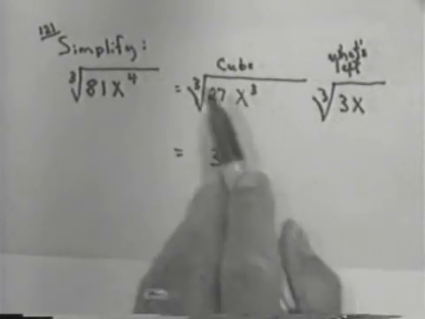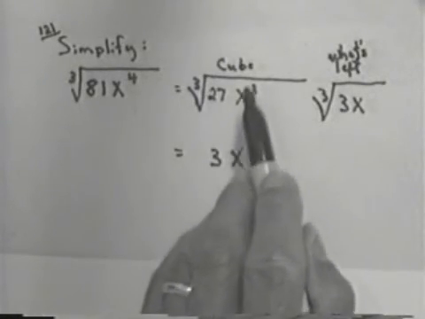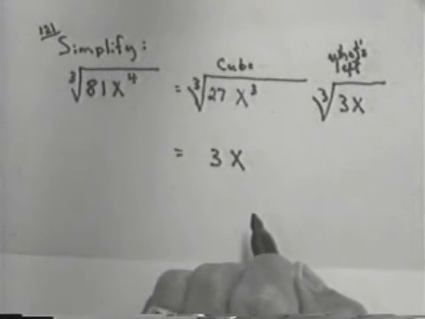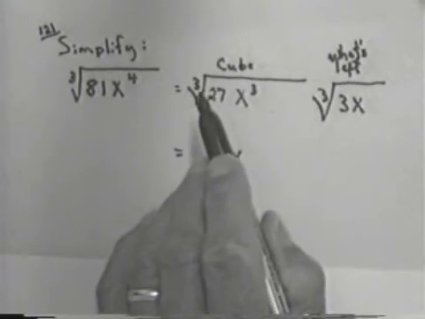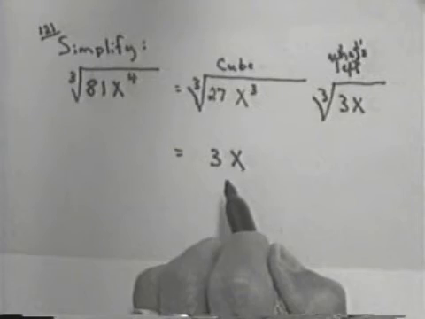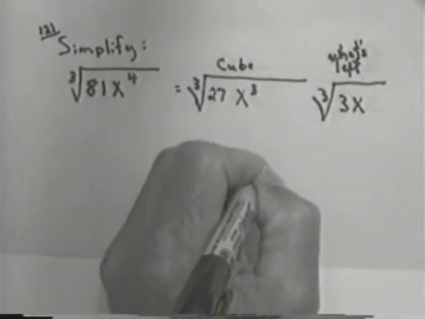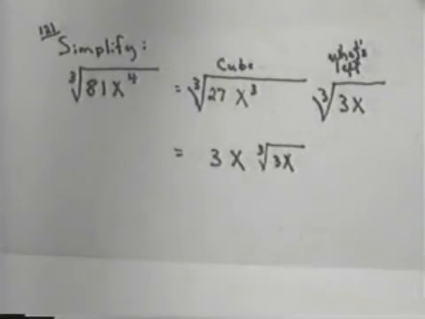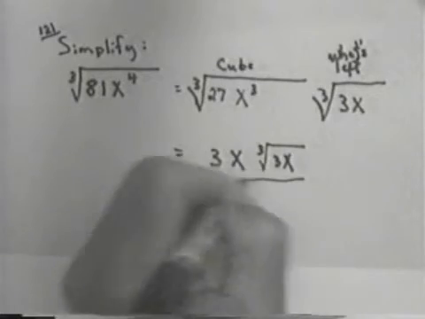You can do the same with x. What used as a factor 3 times gives x cubed? It would be x, since x times x times x is x cubed. So when I take the cube root of 27x cubed, I get 3x. And then I just have to bring down what's left. So I have 3x times the cube root of 3x as the answer.